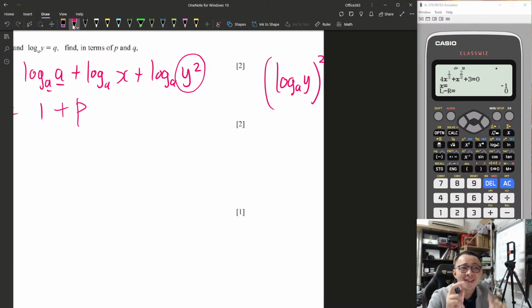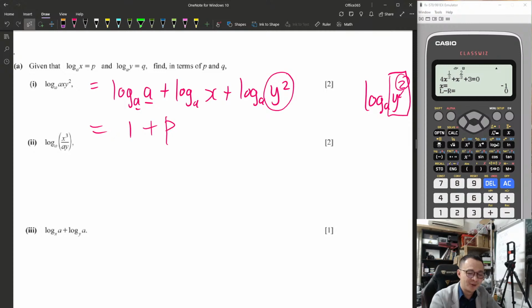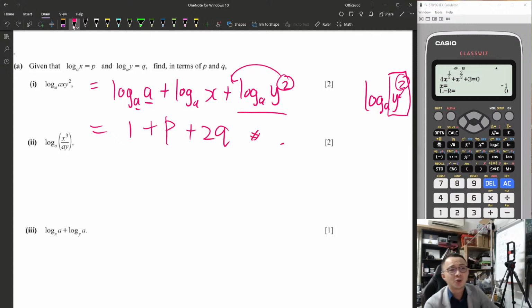If the question doesn't put the bracket, it just says log_a y squared, that means this square belongs to y itself only. It's not for the whole thing. That's why we cannot say it is q squared. So we need to move the number to the front first. Plus 2 log_a y is q. Done. 2-mark question. Easy busy.